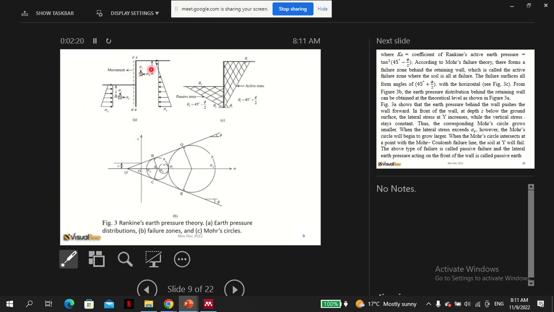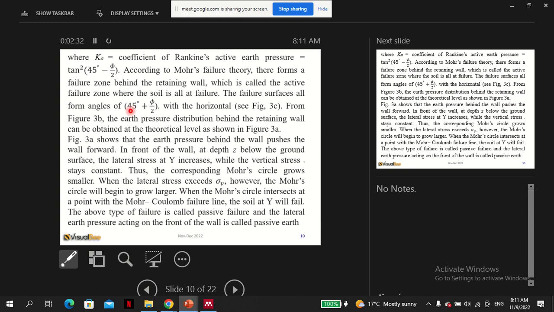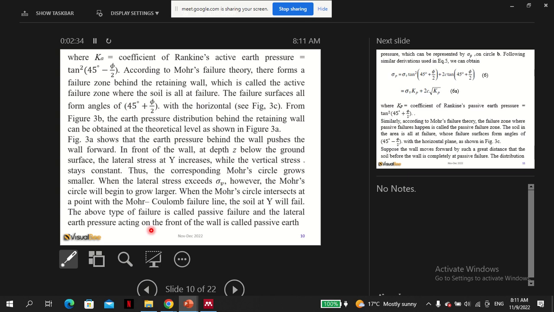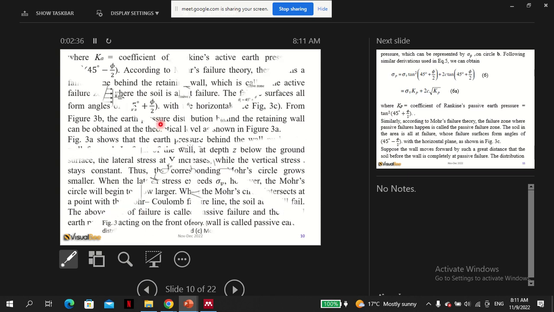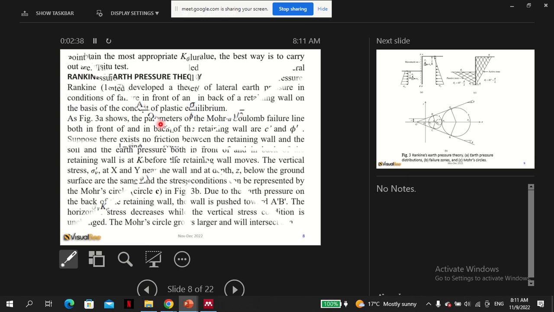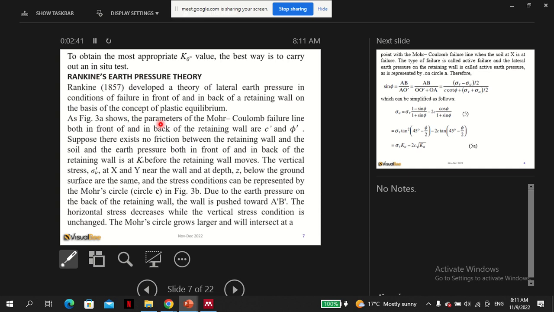Because of this earth pressure, the wall is pushed, as already shown, and the horizontal stress decreases while the vertical stress condition is unchanged.